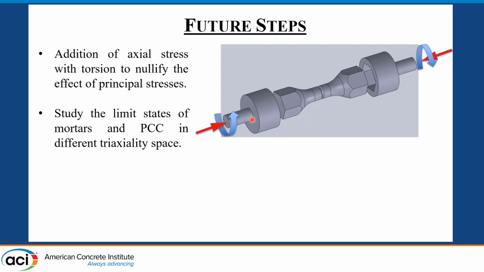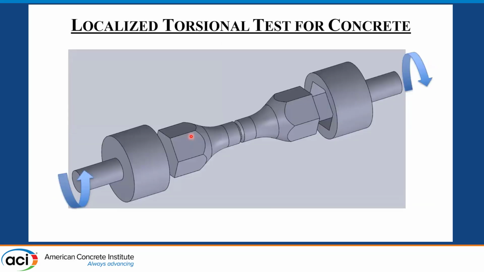Once we have that, the good thing about this setup is that it gives us high sensitivity to control what stress state we want to produce in that test section, because we can do the math for triaxiality and decide how much axial force we want to put externally to create the stress state in the graph that I showed here.